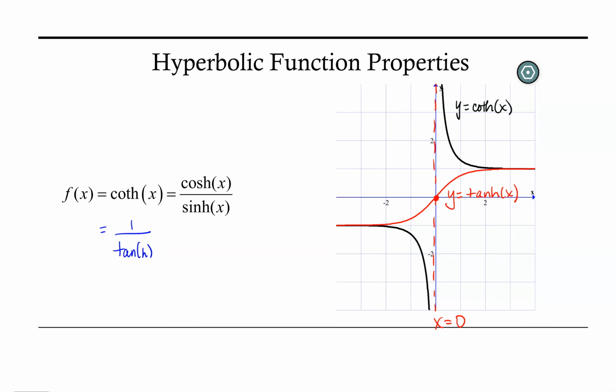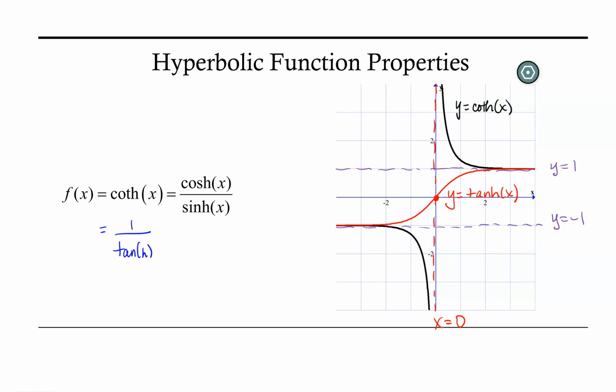Also notice that those horizontal asymptotes at y equals 1 and y equals -1 are maintained as well.